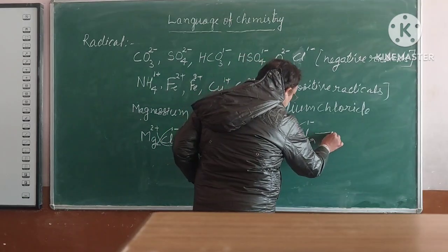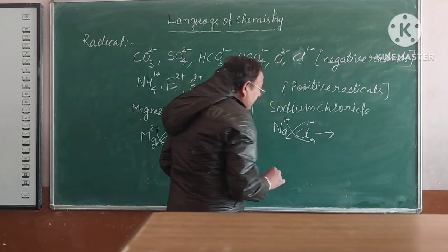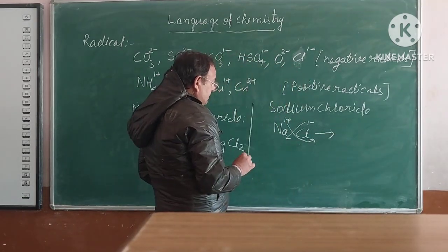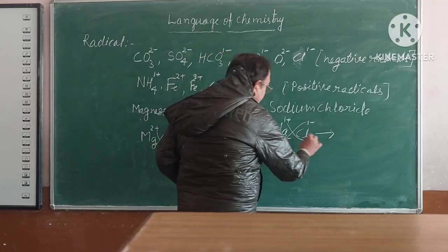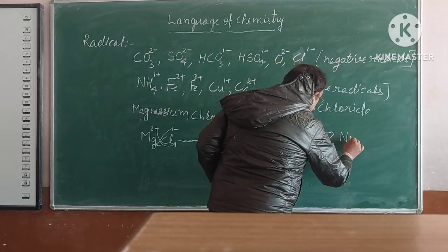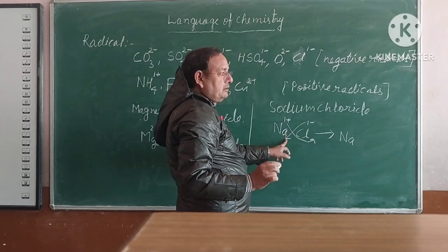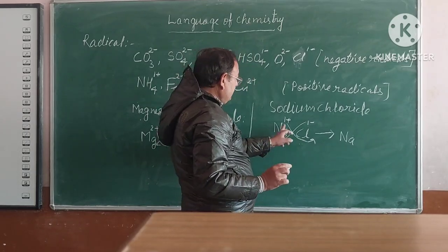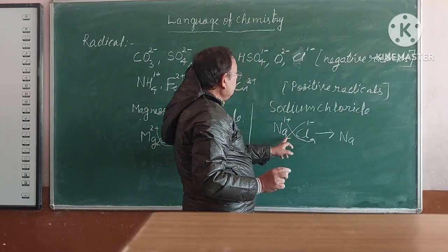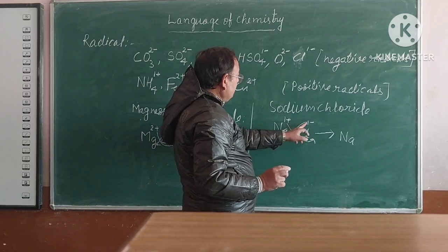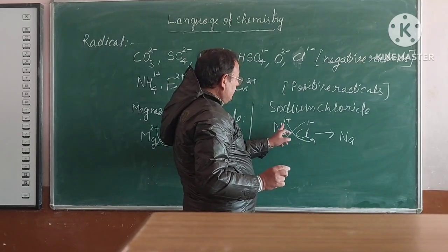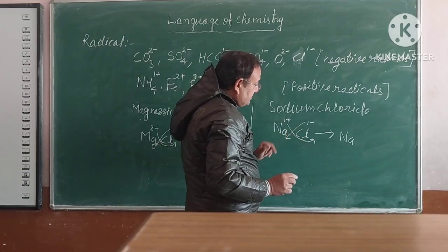After this we get NaCl. 1 is not written below the Na and 1 is not written below the Cl.